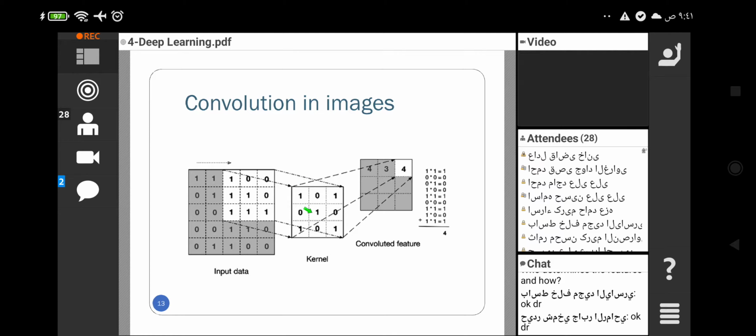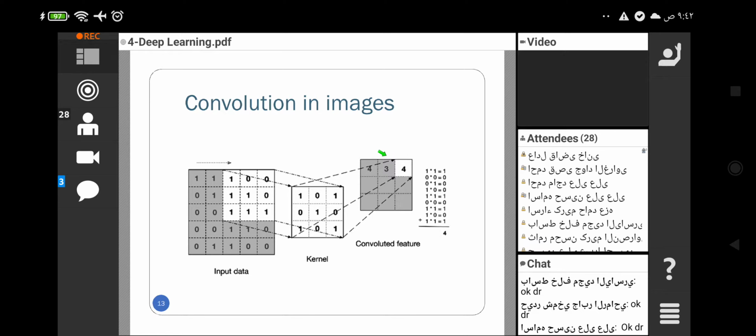This is the center of the kernel. We put it on this input and we move it, and in each position that we move it, it gives us some output. These outputs are the features. The features that I said, the feature extraction, these are the outputs of the convolution.